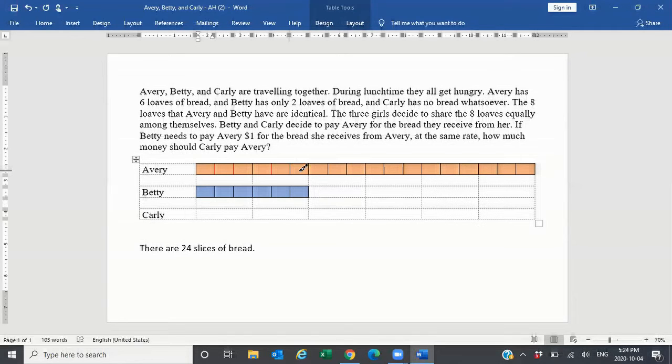Skip that one, that's an actual loaf. And these ones too. Alright, so I'll write an A in each one of Avery's 8 slices. Copy this.